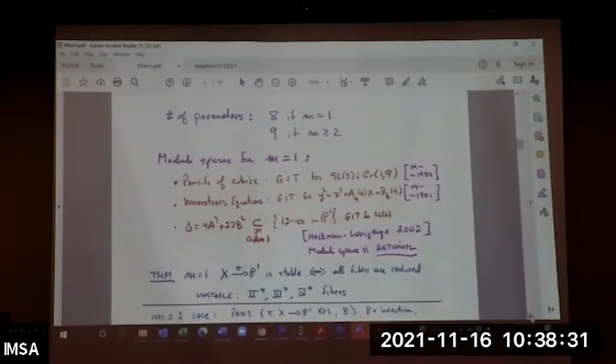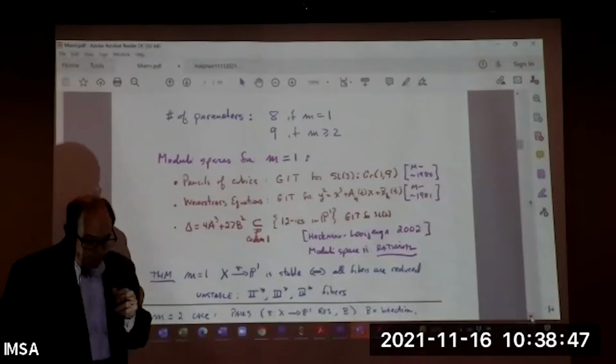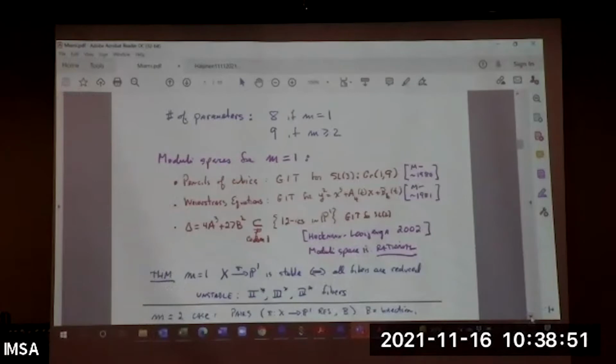It's more or less the same kind of calculation. I want to recall that I worked on this for my thesis, and I tried to work out the moduli spaces in the sense of geometric invariant theory for the m equals 1 cases, and I did it in 2 different ways.